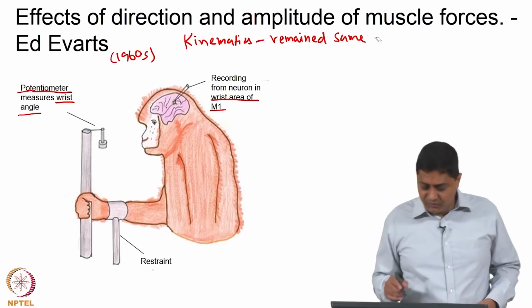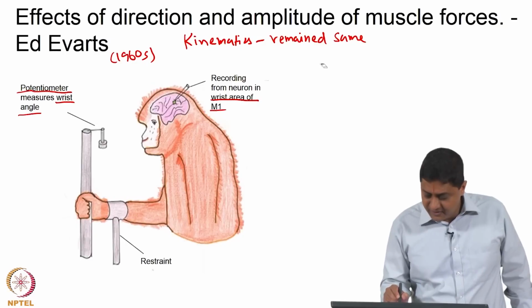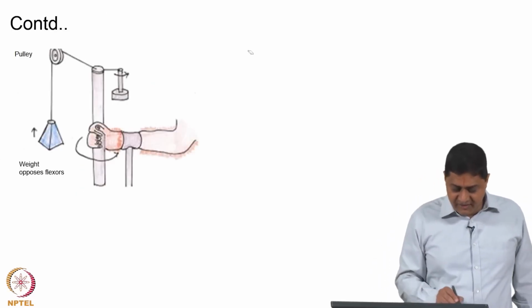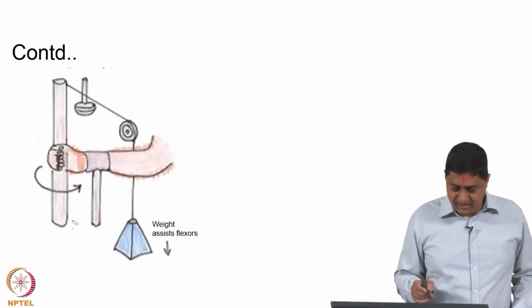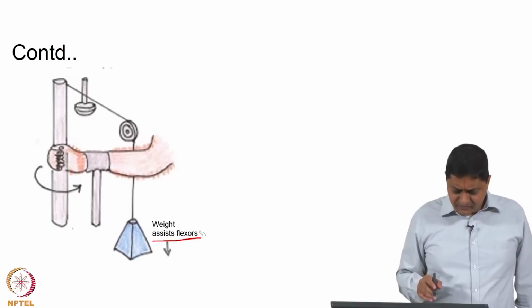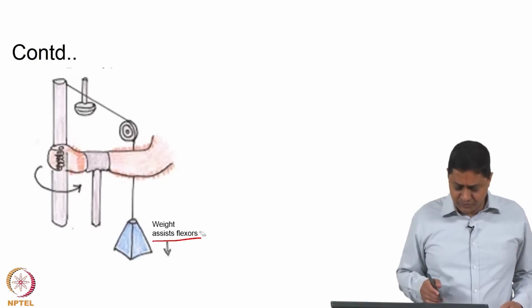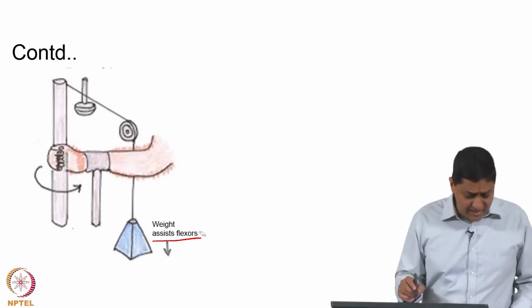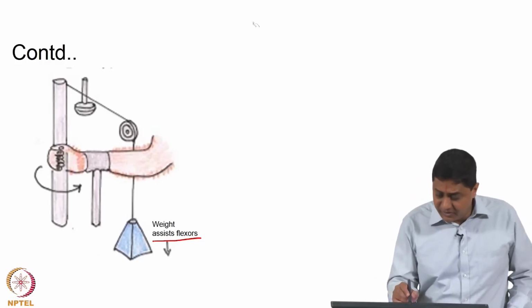What was found was the following. So, here is the case where the weight opposes the flexion, and here is the case where the weight assists the flexion. Here are the diagrams that show the two cases. Now, let us see what actually happened. Okay. I am going to draw first the kinematics.